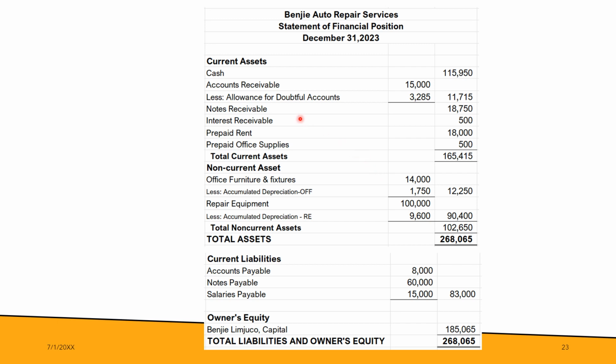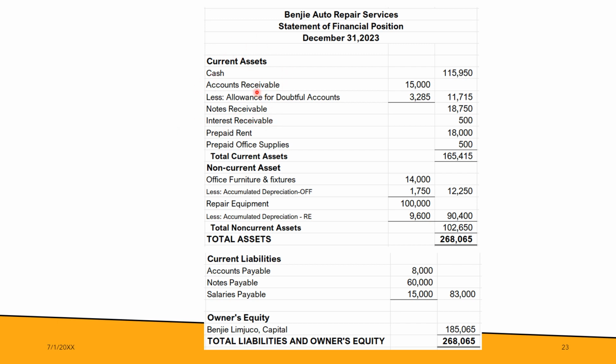And the accounts that we will include in our statement of financial position, again, are from the worksheet, and we will categorize those accounts as current assets, non-current assets, current liabilities, and owner's equity. Okay, so for our current assets, we categorize cash, accounts receivable, notes receivable, prepaid rent, prepaid office supplies as part of your current assets.